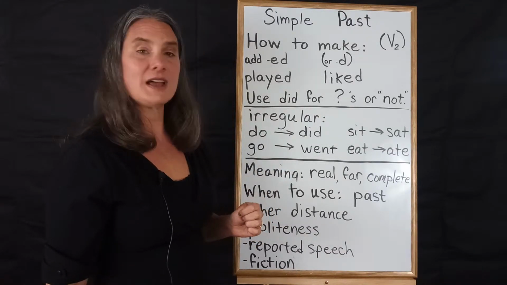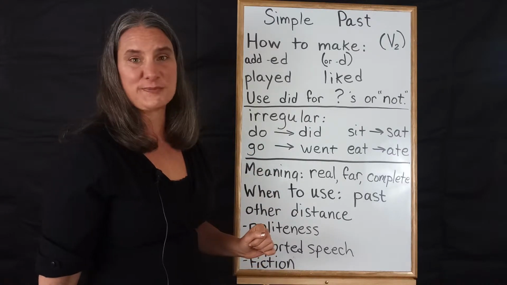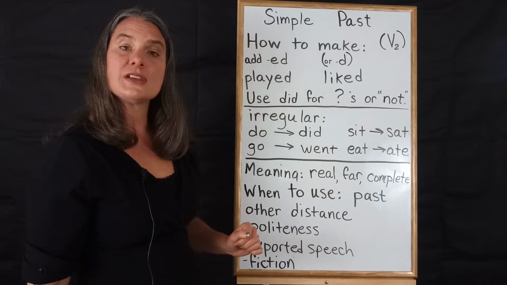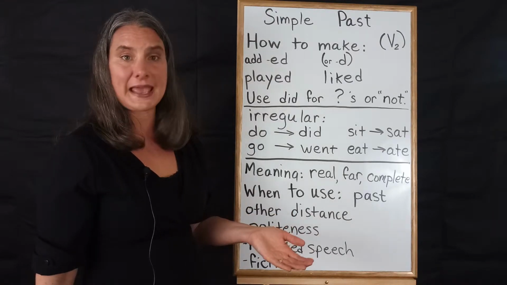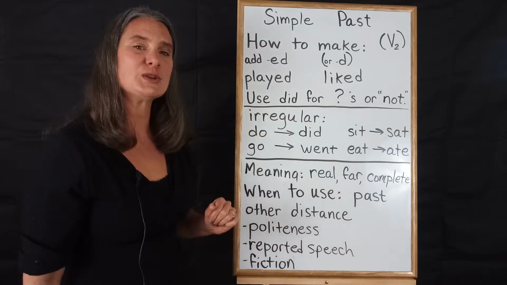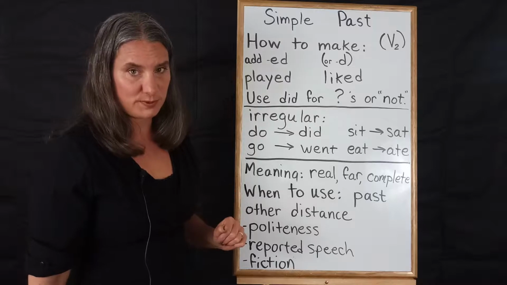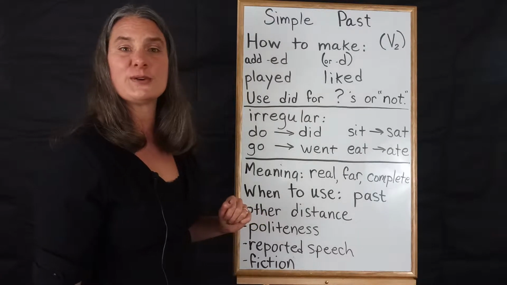Or for a not, I did not play basketball yesterday. The did is past. The other verb, in this case play, does not need to show a past. So you just use a base verb. If you need more information about that, I have a video about that too.